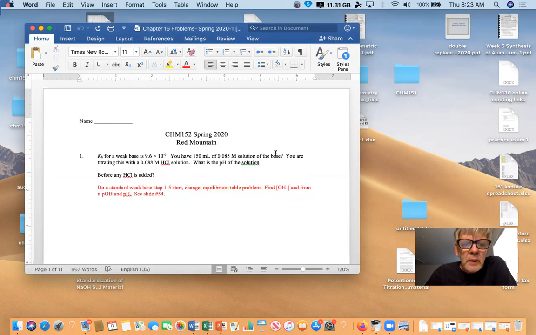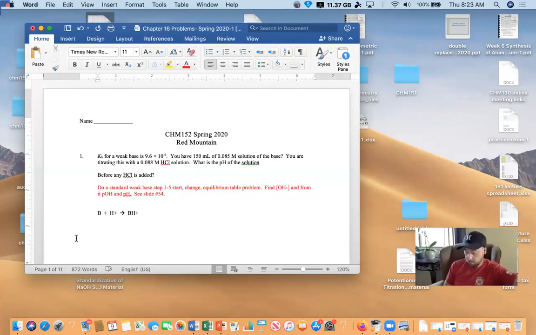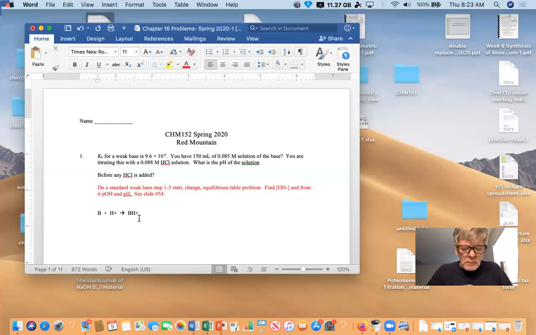Well, bases react with strong acids, so I can actually do that. So we have our generic equation, base plus strong acid reacts to form the conjugate acid. And we need to do this always in units of moles.